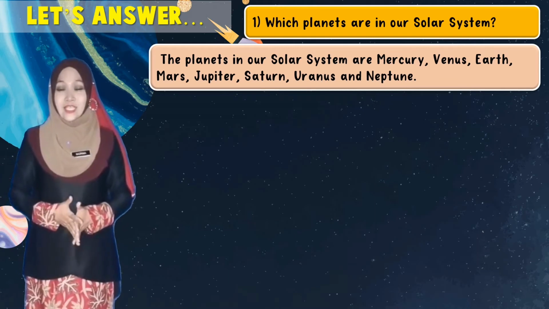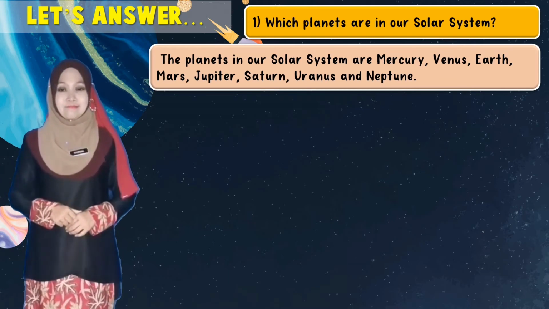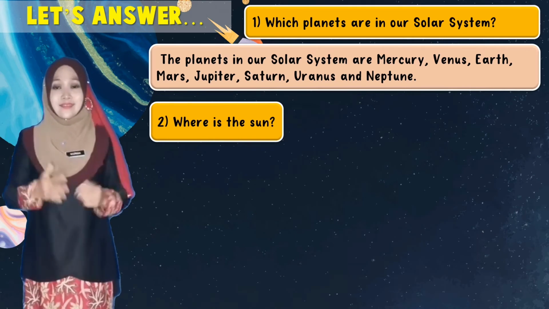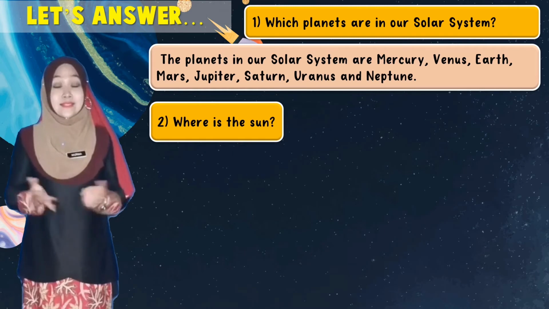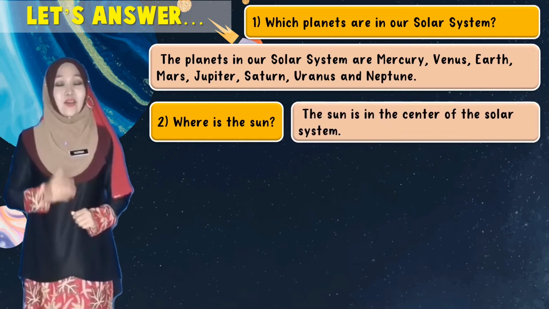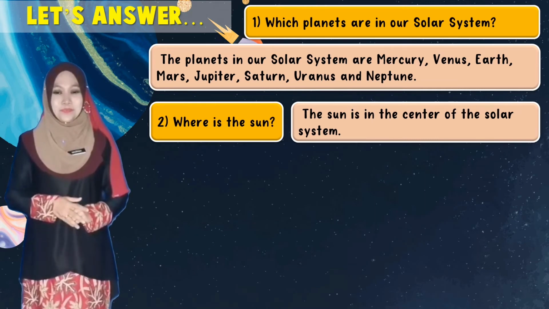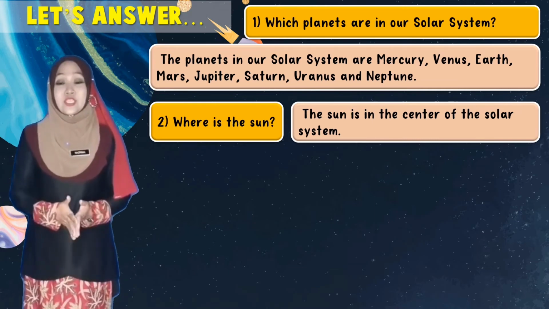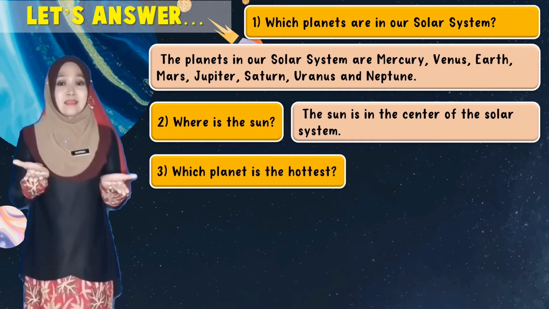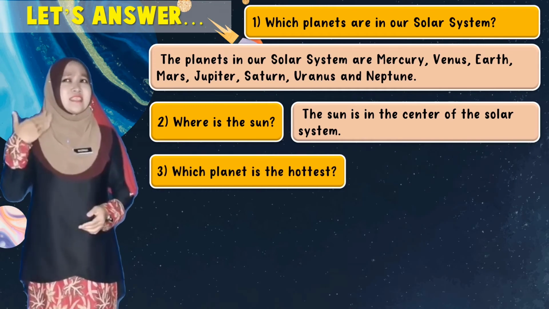Next question, question number 2. Where is the Sun? So what's the answer? The Sun is in the center of the solar system. Next question, question number 3. Which planet is the hottest?